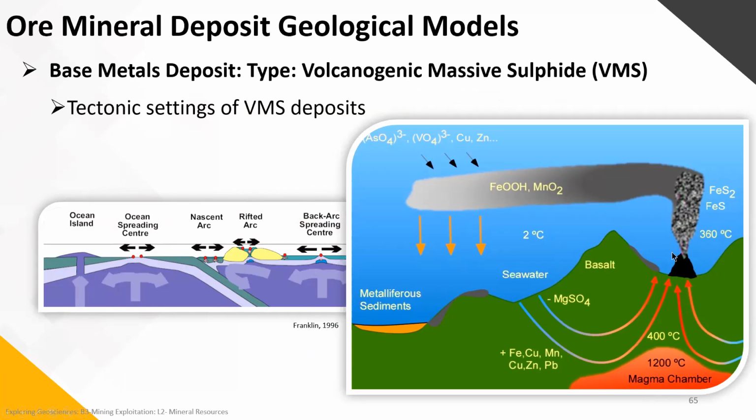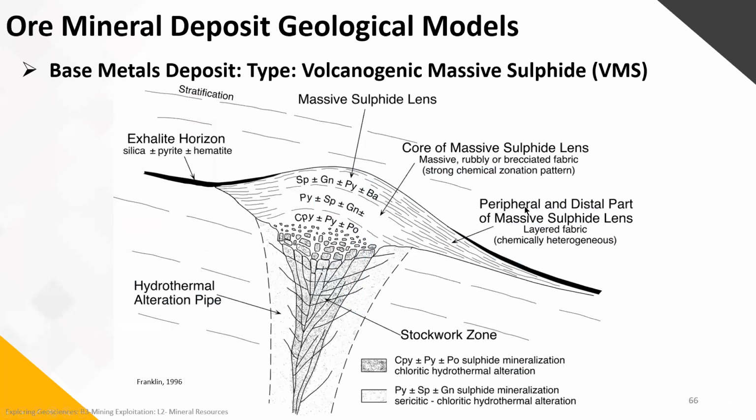So the convecting fluids, through their circulation, will pick up different kinds of metallic minerals such as iron, copper, zinc, and lead, and circulate until they reach a favorable environment, traps, and so on. This is a classical VMS.